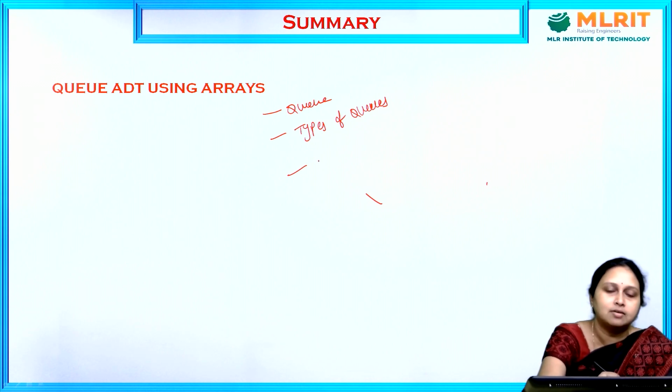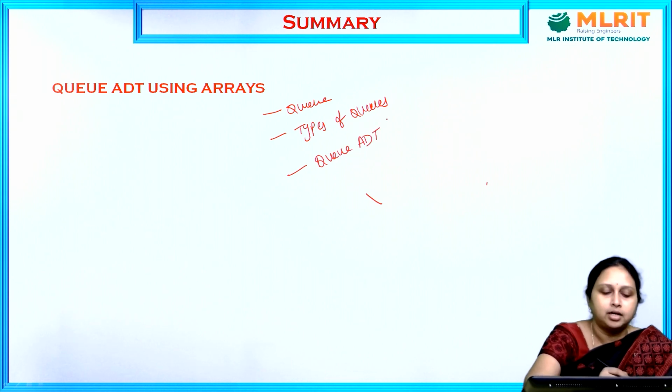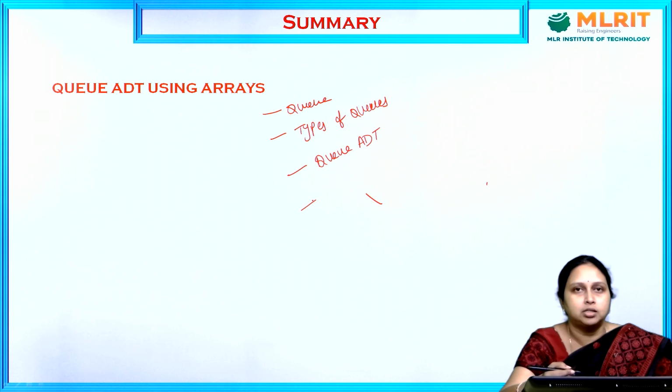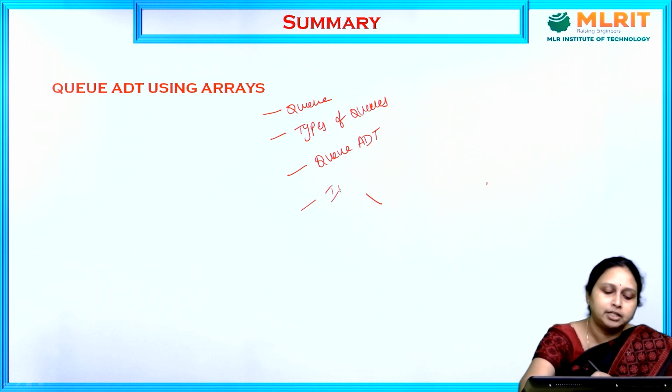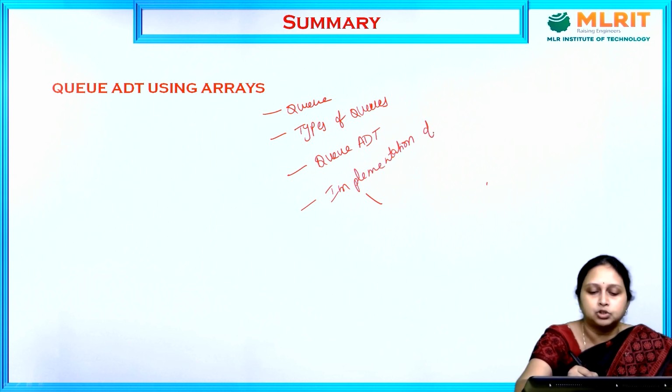And then we have seen what a queue ADT is, what the data is, the different operations we have performed in that, and the implementation of queue ADT.